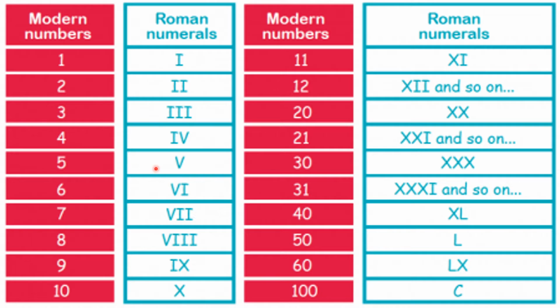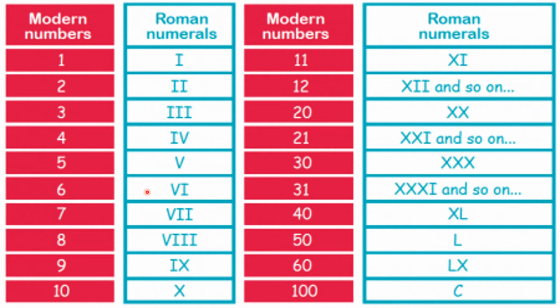Now 5 was V, 4 is IV. If a letter is put before any other Roman numeral, it means that they are subtracting. So 5 minus 1 is equal to 4.